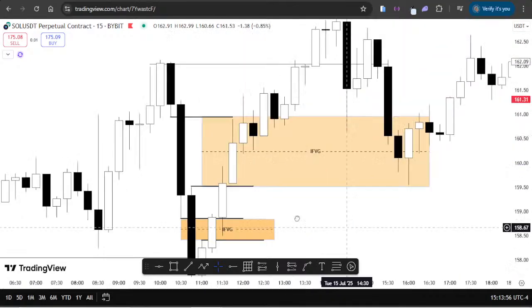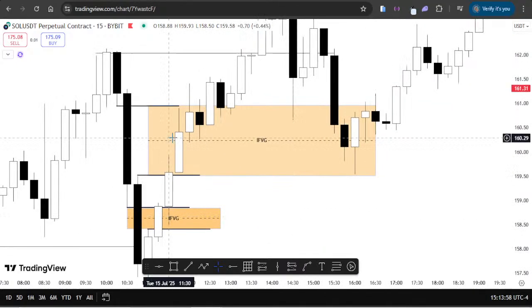Now look at this fair value gap. Price was trying to go down. Smart money tried to deliver price down, but as you can see here, there is a candle close above here, and it is not a matter of the bears getting tired of sending price down and the bulls getting stronger than the bears.